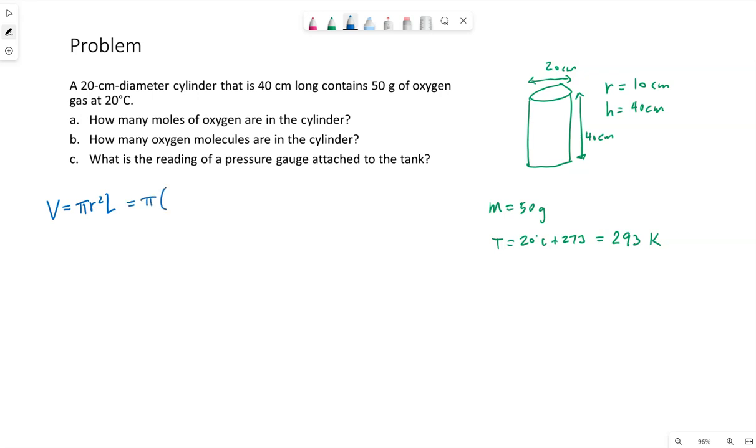So pi, our radius, we do want this in meters, and the length in meters, so that we are ending up with our volume in meters cubed. So 0.01257. I'm keeping a few digits because I'm not at an answer.